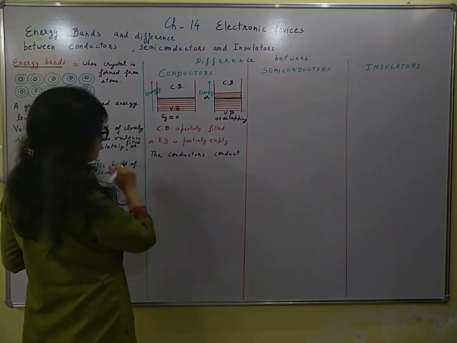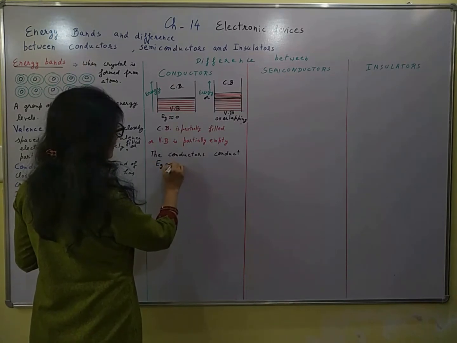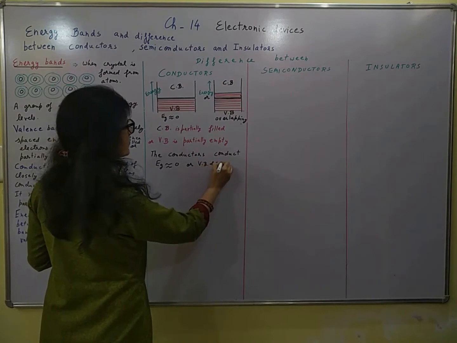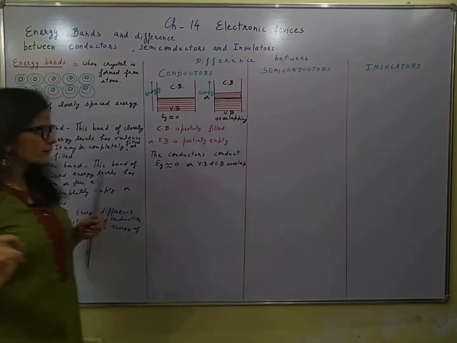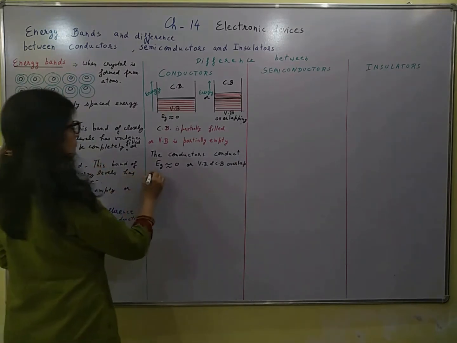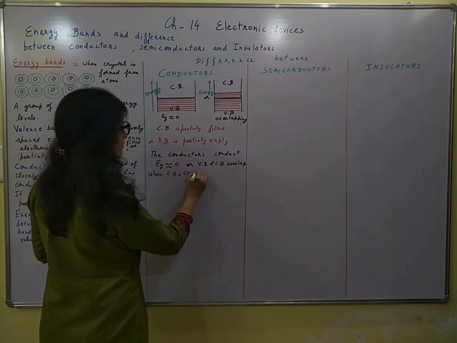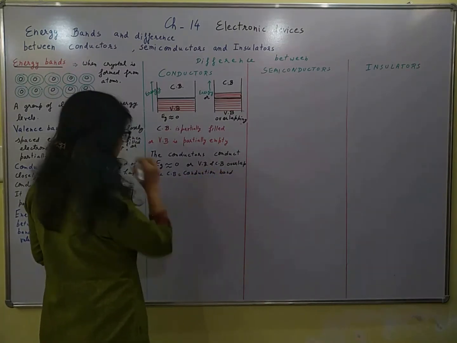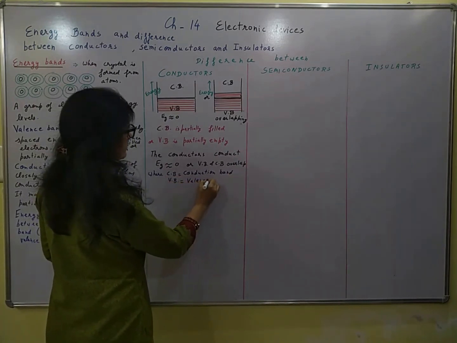And here the energy gap is nearly zero, or the valence band and conduction band overlap, right? So I'll write the full form of the conduction band and valence band, where CB is conduction band and VB is valence band.